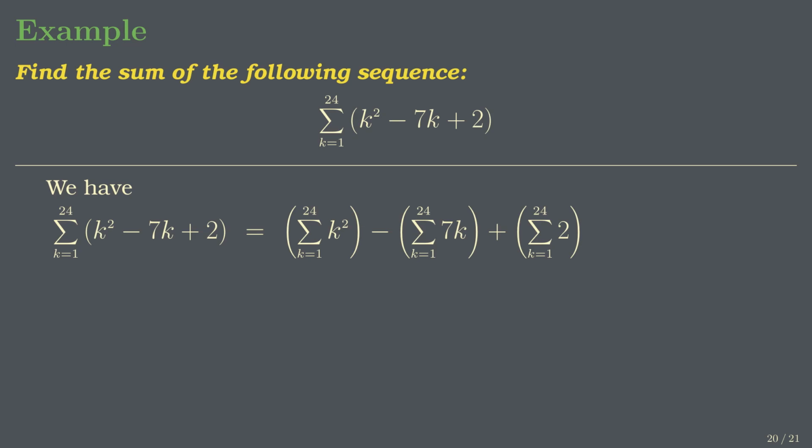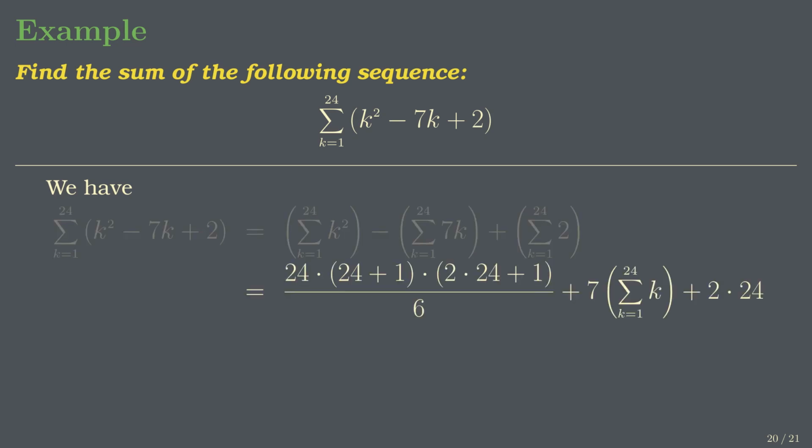So now, using the formula given for the summation of the squares of positive integers, you know that the first summation is 24 times 24 plus 1 times 2 times 24 plus 1, and then divided by 6. For the second summation, because 7 is a common factor, you can take it out, so it is 7 times the summation of k.